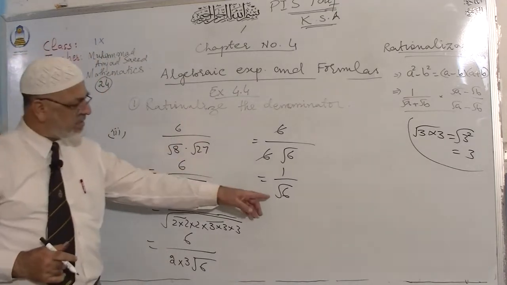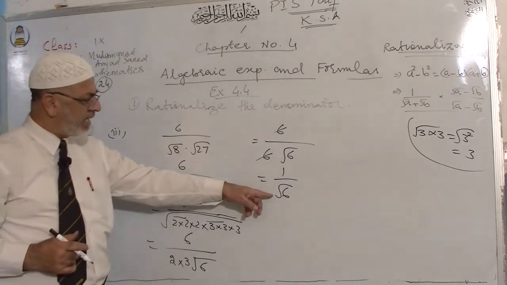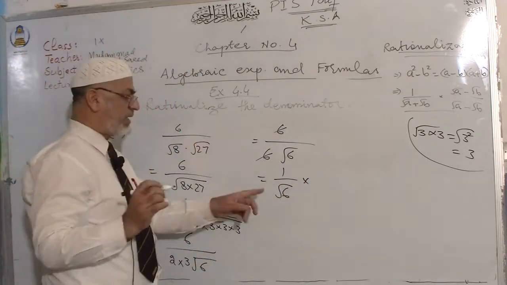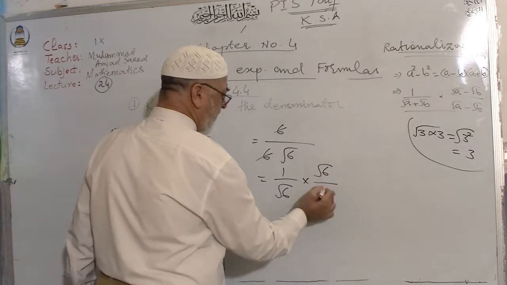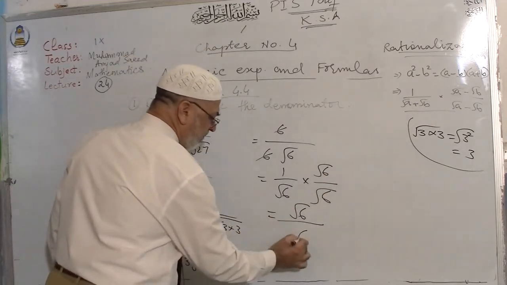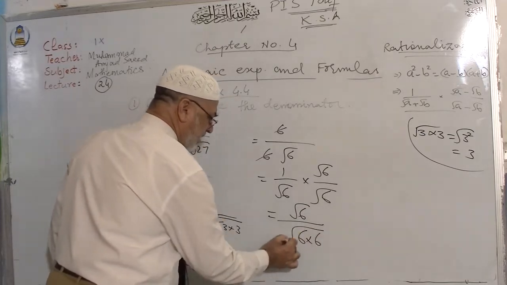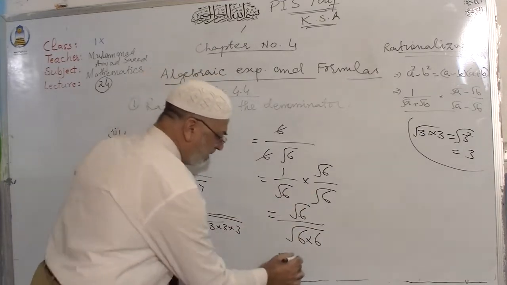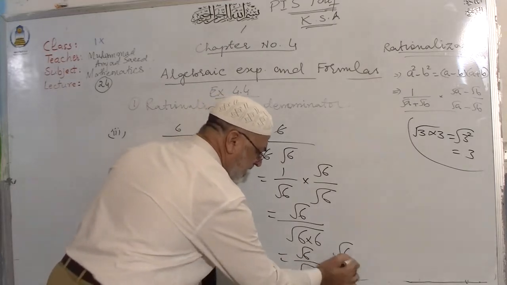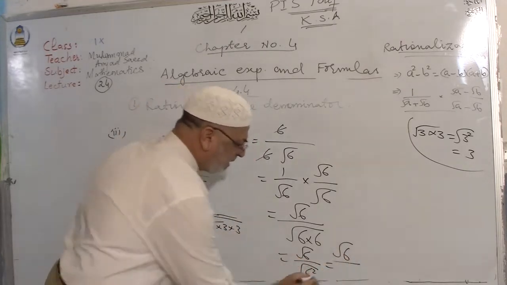And dear students, again we have a radical sign in the denominator. I told you in the first part, multiply with the same number above and below, and we have root 6 over root 6 square, and the square and square root cancelled out.